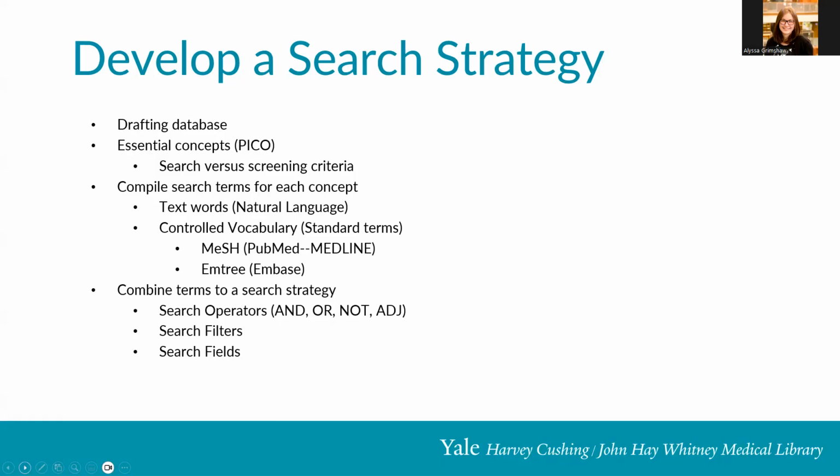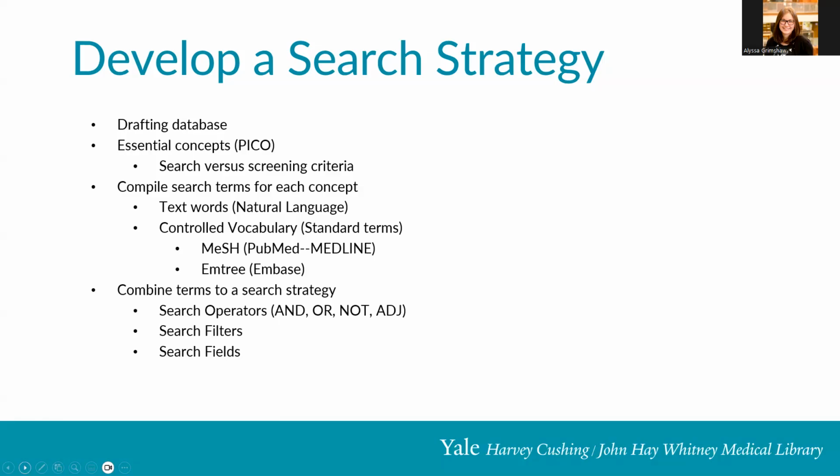So, for instance, if we put ovarian adjacency 3 cancer, or ovary adjacency 3 cancer, we'll get papers that say ovarian cancer or ovary cancer, and we'll also get papers that say cancer of the ovary, right? So we want to make sure that we're getting any words that can be used to describe the concept in the literature.